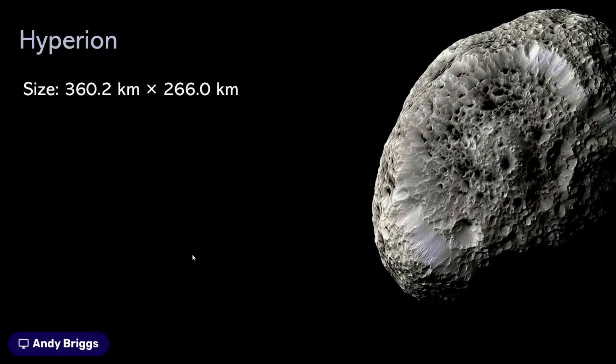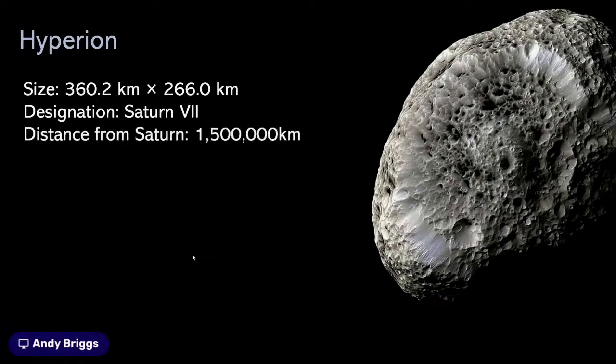Just a few details about Hyperion. It's 360 by 266 kilometers. Do forgive me if I slip between miles and kilometers. It's designated Saturn 7. In other words, it's the seventh moon from Saturn going outwards.